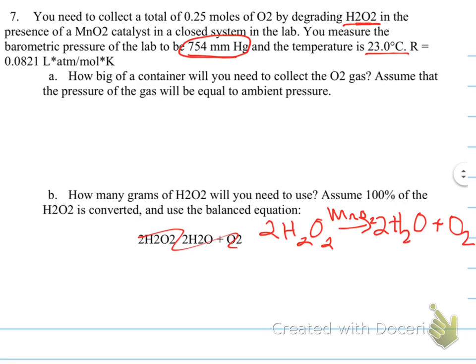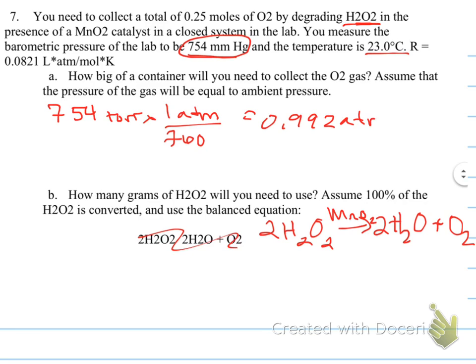Okay, so this is asking about volume. It's asking how big does the container need to be. So, first let's convert pressure. And then we'll convert temperature, so everything is in the correct units. 0.992 atmospheres.